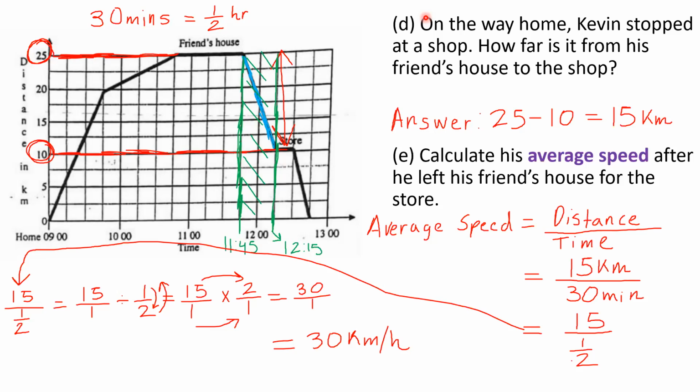We do it in terms of hours. So it'll be kilometers per hour or miles per hour. It's not kilometers per minute or miles per minute. So you always change it to hour. Oh, yes, sir. Thank you.